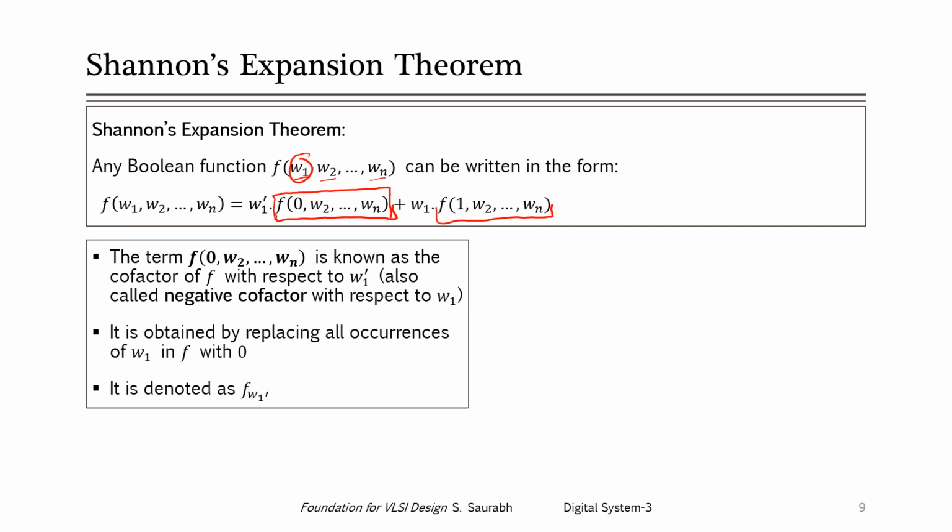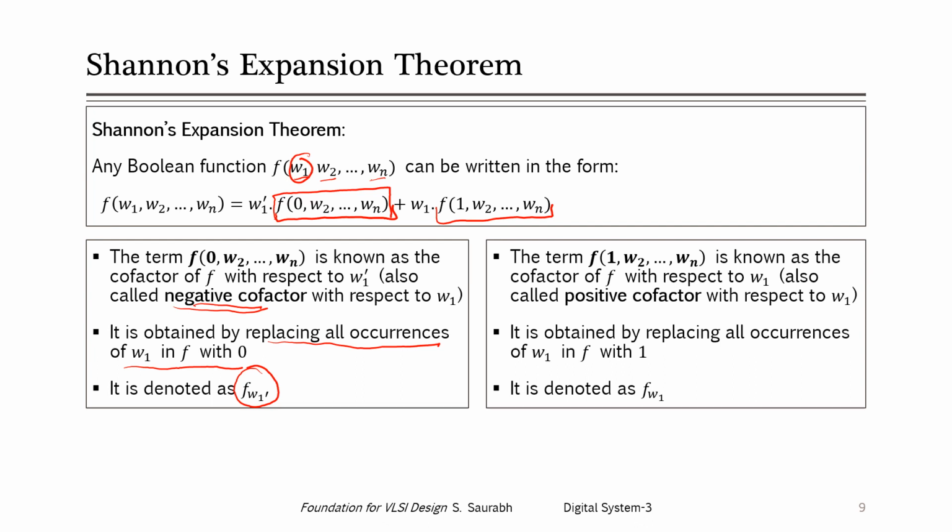Once we do that, we get a function known as the negative cofactor with respect to w1. It is obtained by replacing all occurrences of w1 in f with 0. And we denote it as f subscript w1 dash.